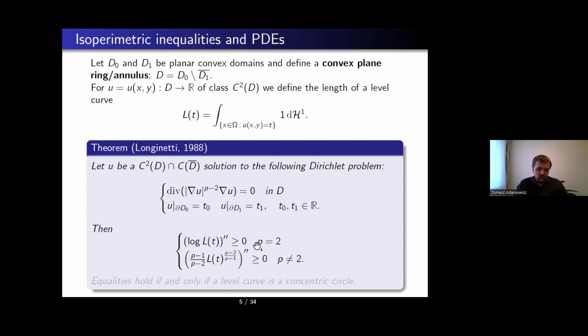When p is equal to 2, this inequality states that the logarithm of L is a convex function, while for p different than 2, we have the following observation that a power of L of t is a convex function. And what relates these inequalities to isoperimetric inequalities in the geometric meaning is that equalities in both inequalities here hold if and only if a level curve is a concentric circle.